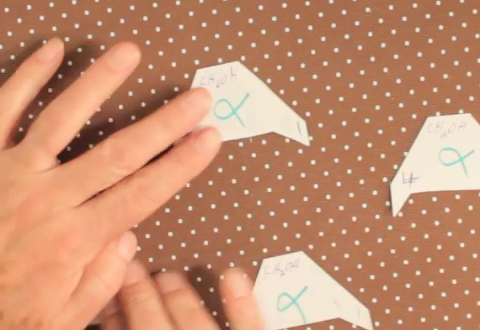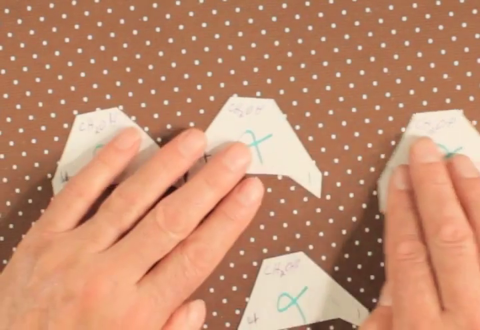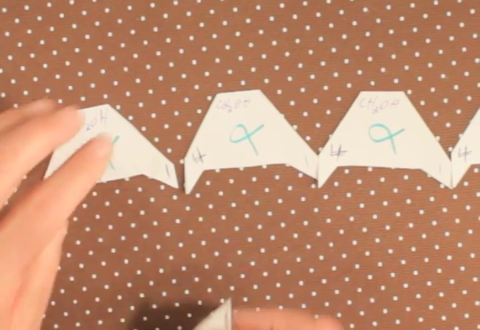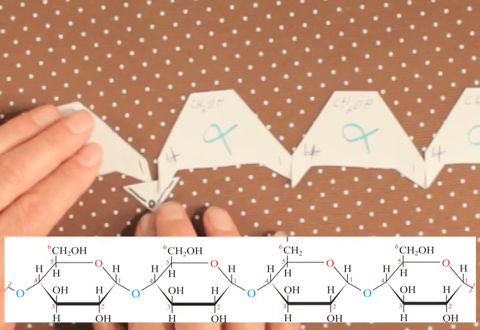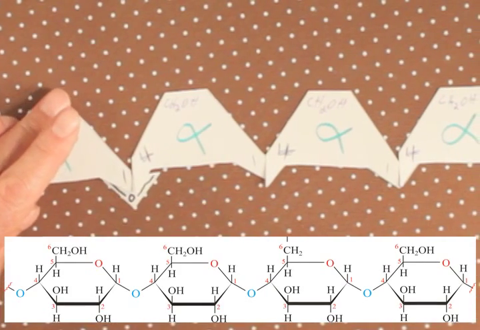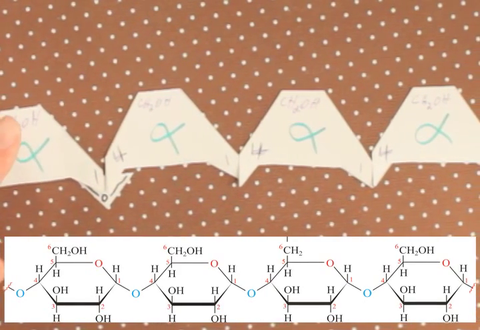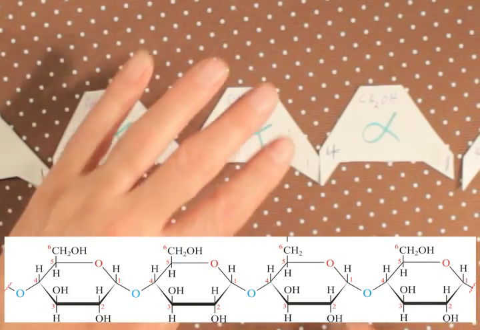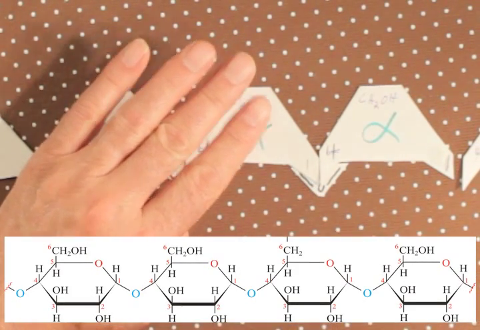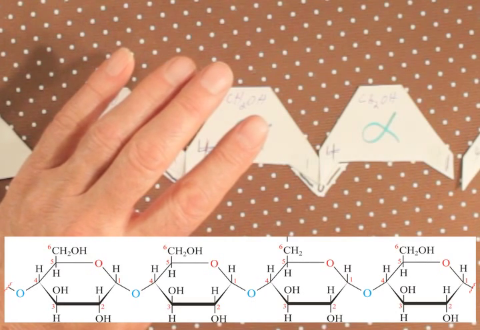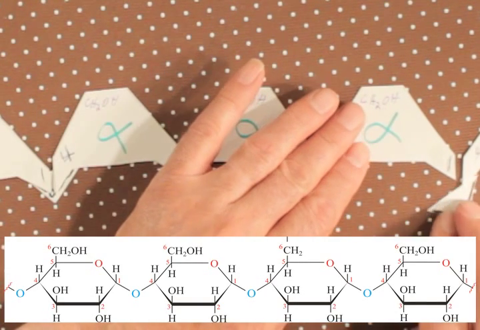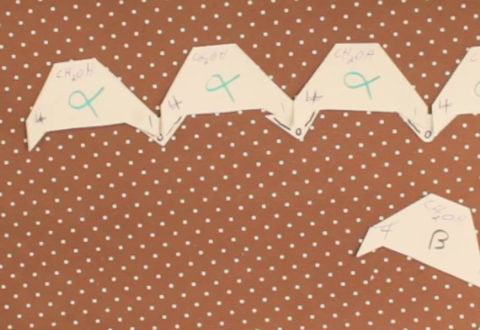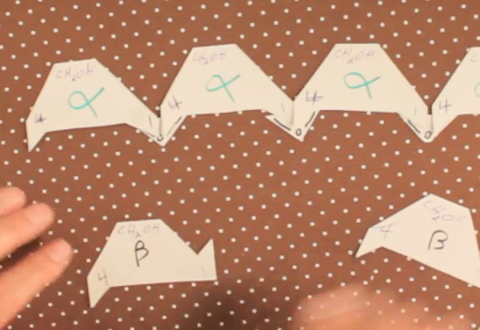So when we make our bond, we simply put the 1' to the 4', the 1' to the 4', and then we use these little oxygen guys to simulate the oxygen bond. Notice that the oxygen is in a position to make the nice trigonal structure it likes to make. And so this is the alpha 1,4 bond.